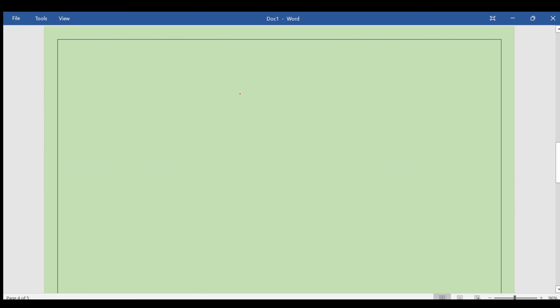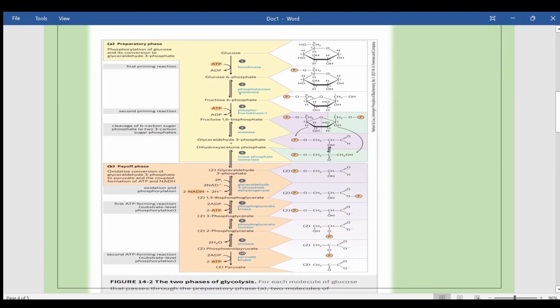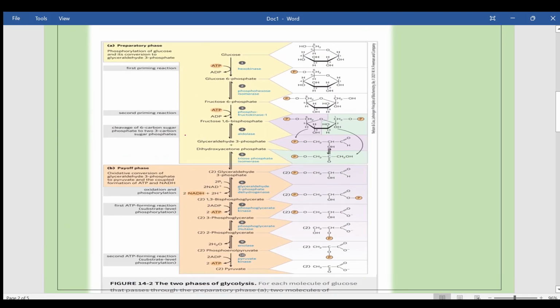But I would suggest you please go through this figure at least once, because it is again important for your school exam. If you are told to write the steps in a definite flowchart manner, then you should understand this image as well. But it is not difficult once you have understood my tabular explanation. So I hope this will help you. Thank you.